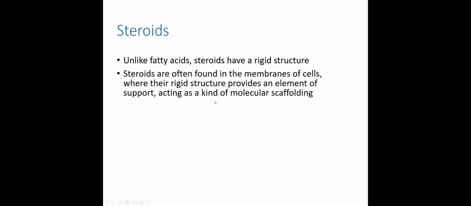And so, as you saw just a moment ago, we find steroids like cholesterol in the membranes of cells because that rigidity acts as kind of like a scaffolding on which the different phospholipids can rely, so to speak. So the different tails of the phospholipids are going to be attracted to the steroid and line up next to them. So in essence, these steroids, specifically cholesterol, help to prevent the phospholipids from just simply floating away.